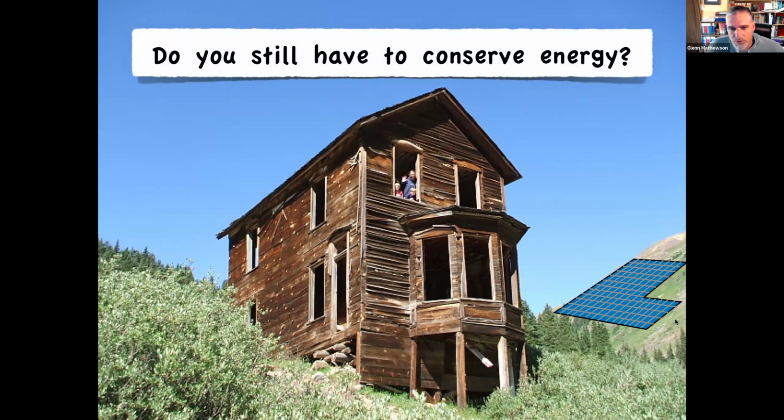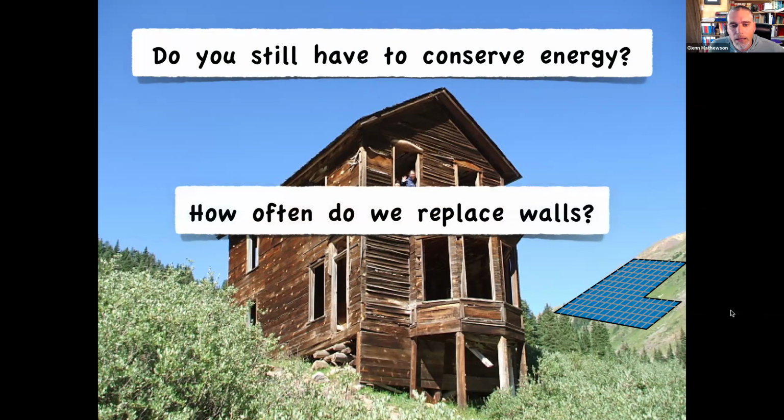Well, let's look at this photo. Do you think if those solar panels were installed in the 1800s when this house was built, that they would still be there and we'd be visiting the ghost town and that we'd still be able to get power from those solar panels? No, we wouldn't. And so that's the concern with this method.